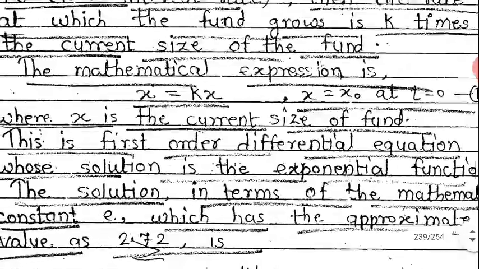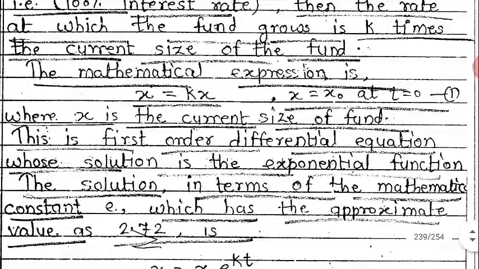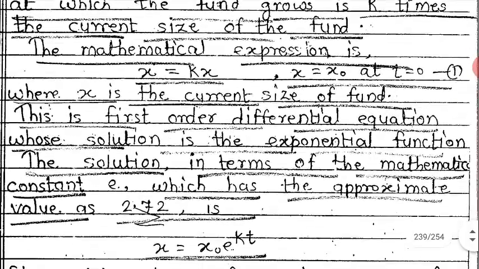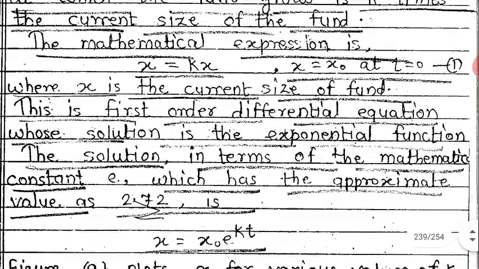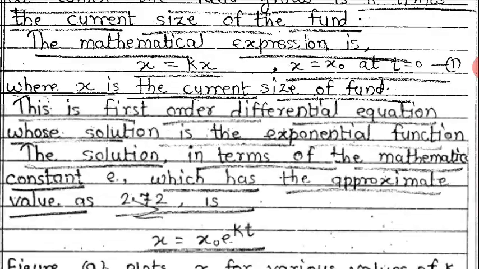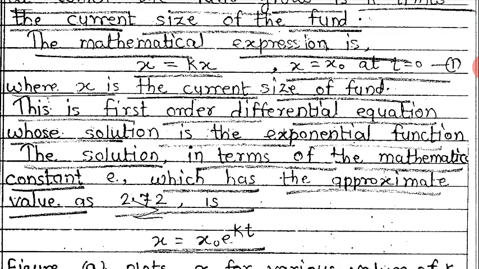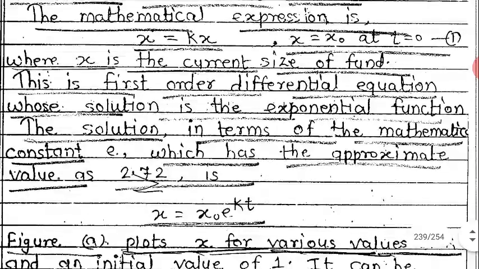So the equation becomes x dot is equal to kx, where x is equal to x naught at t, that is time, equal to 0. This is given as equation number 1, where x is the current size of the fund.